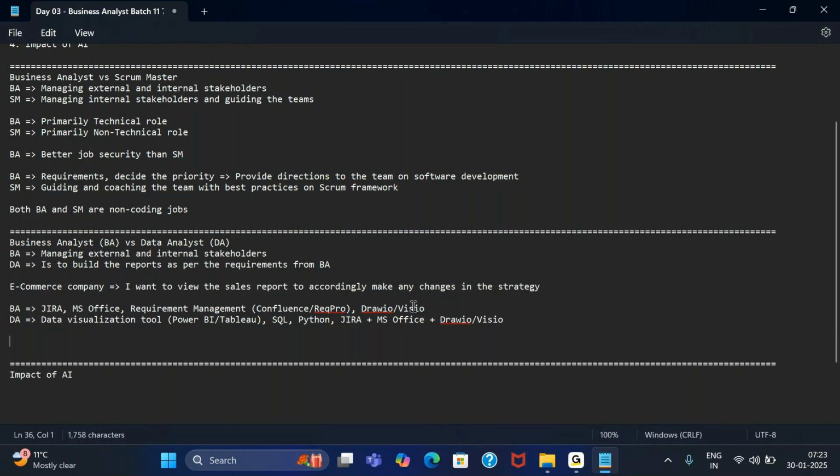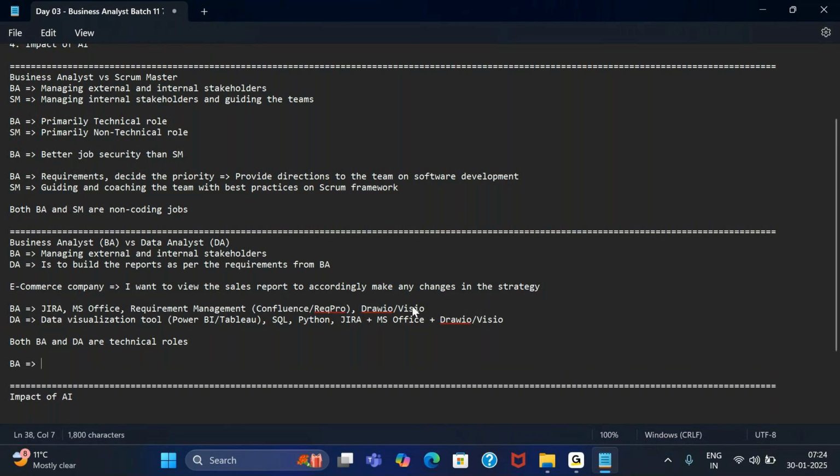Now there is some similarity as well. Both BA and DA are technical roles, because both are responsible for not software development, but the data analytics part.